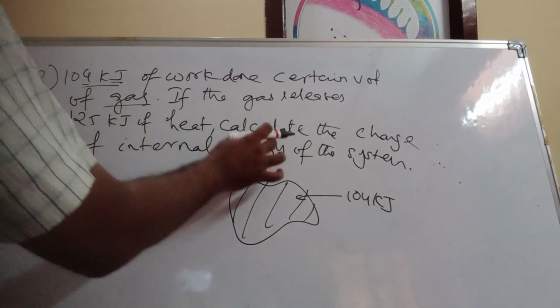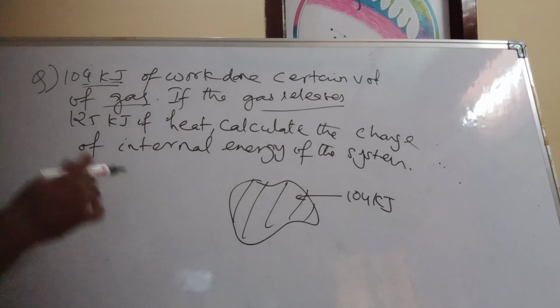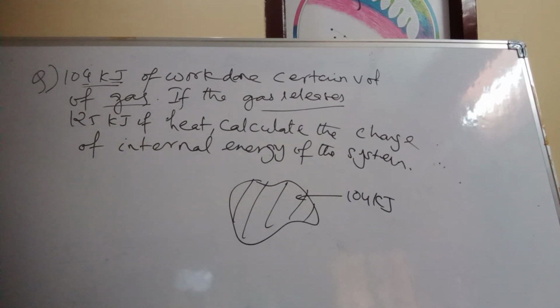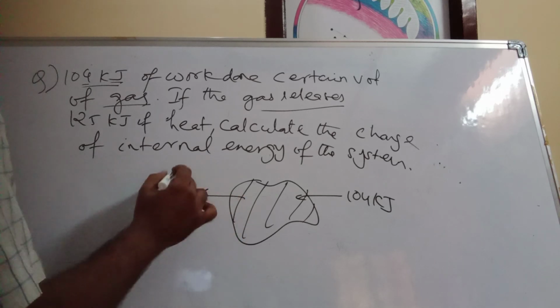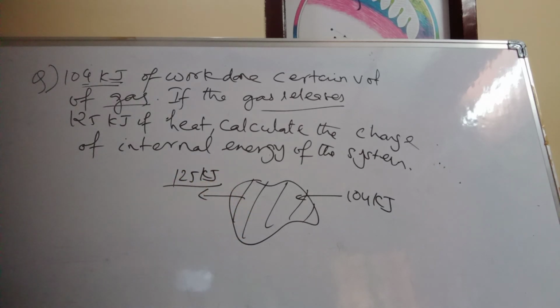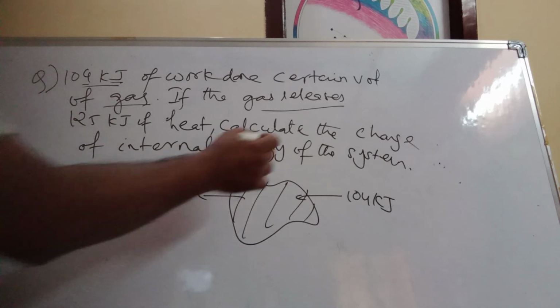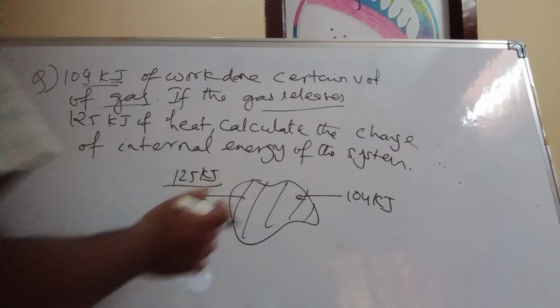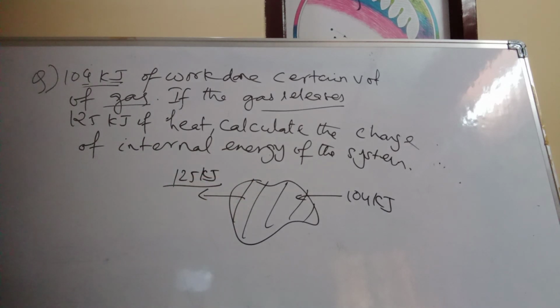The gas releases 125 kilojoules of heat. So this gas is releasing 125 kilojoules of heat. So you can make a diagram like this. It's asking you to calculate the change in internal energy of the system.